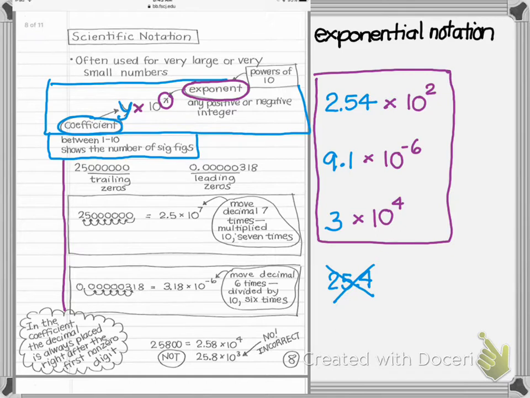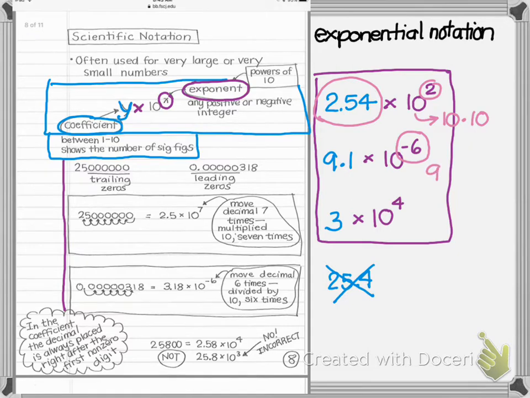Mathematically, all we're saying here is we're taking the number 2.54 and multiplying it by 10 squared. Now 10 squared is just 10 times 10. So basically this number is saying 2.54 times 100, and that would equal my number. Now with negative exponents, if you recall, to make them positive, we put them in the denominator.